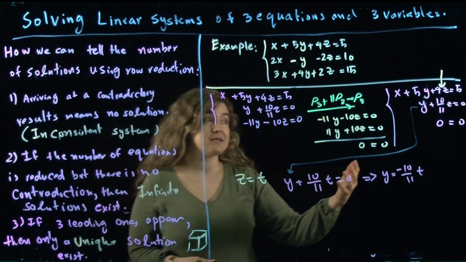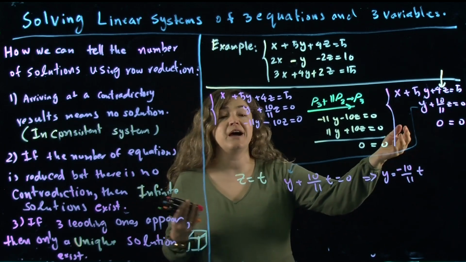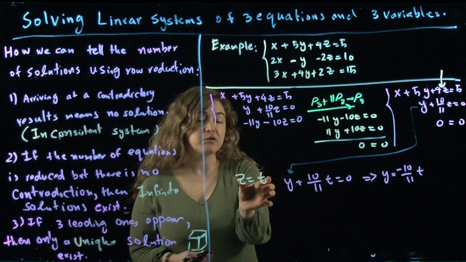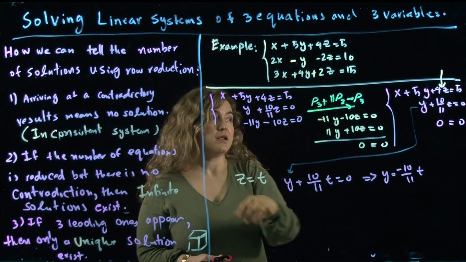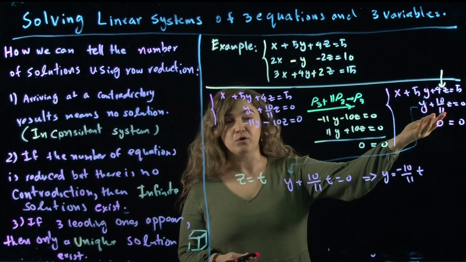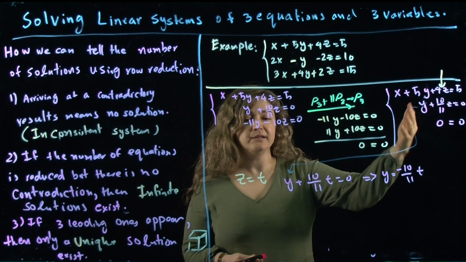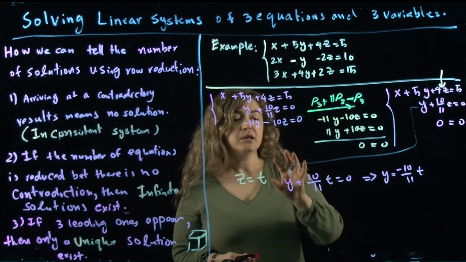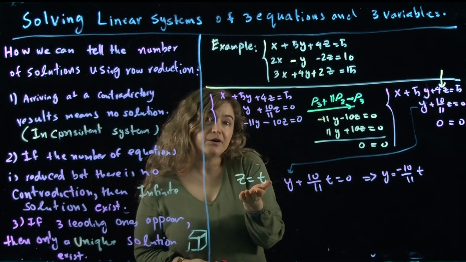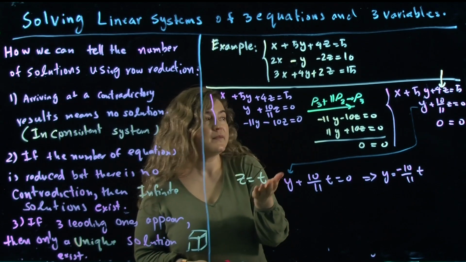So this is as usual. If I had a unique solution, I would have a numerical value for z. I would plug it back into the very last meaningful equation and then solve for y and continue. Here, I don't have a numerical value. I have many values for z.